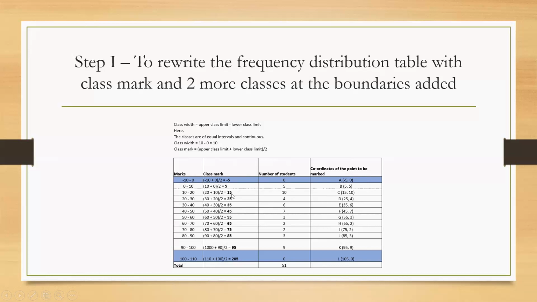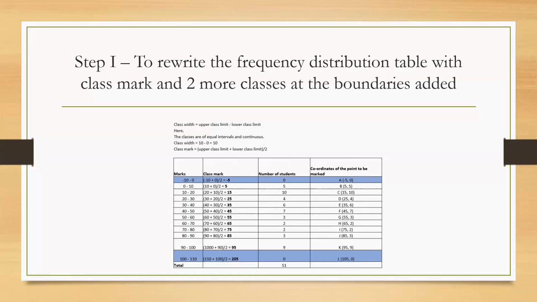The third point has x coordinate 15, the corresponding class mark, and y coordinate the corresponding frequency, that is 10. So point C has coordinates (15, 10). We write down the corresponding points along with their coordinates.